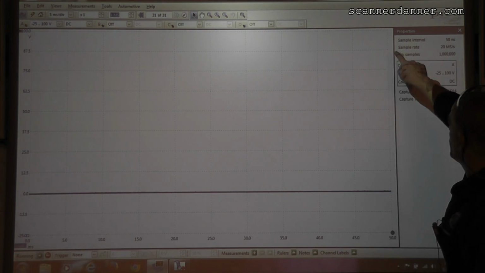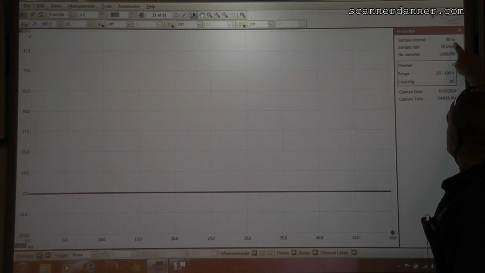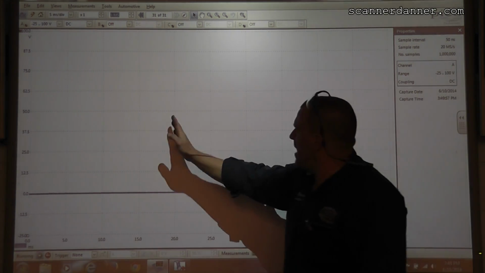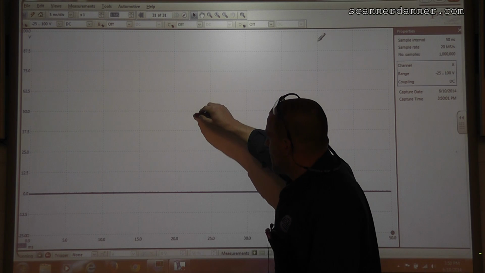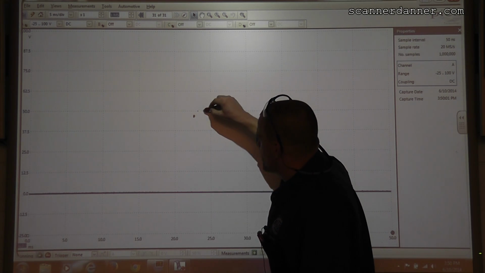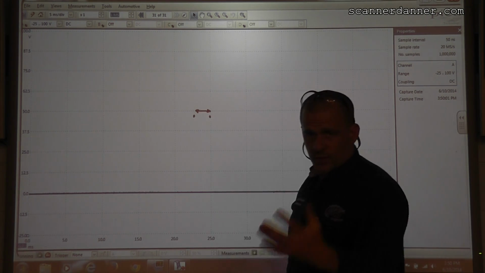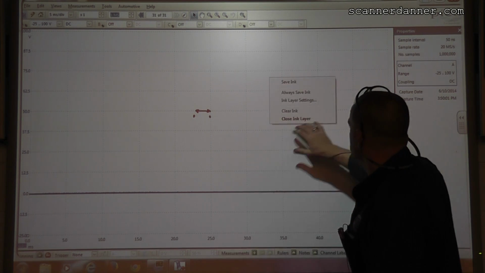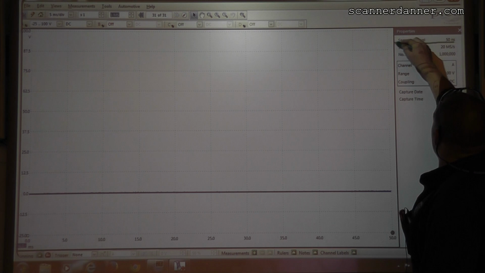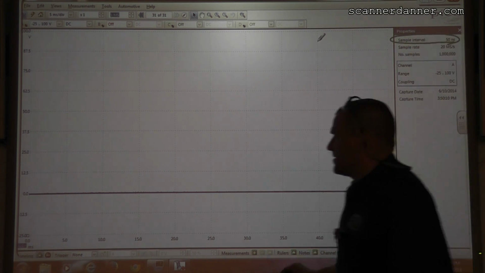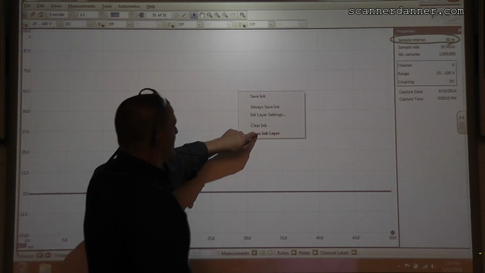Check out my sample interval. This would be the time between samples on this particular screen. We're talking about, say, a sample here and a sample here and measuring the time between the two. It is 50 nanoseconds. That's really fast.